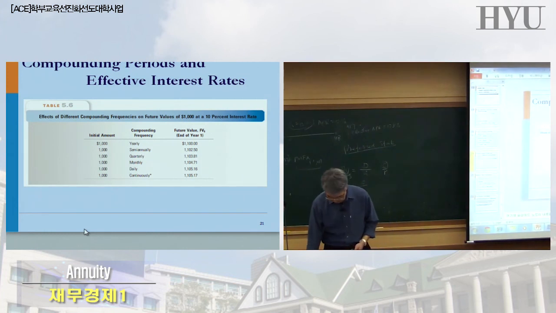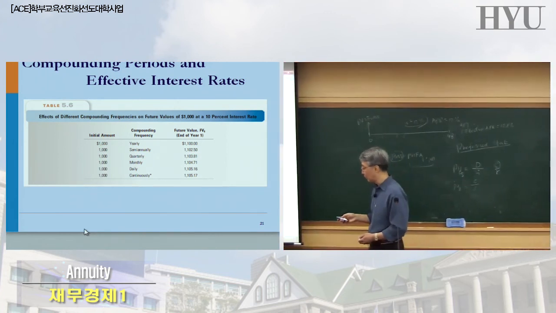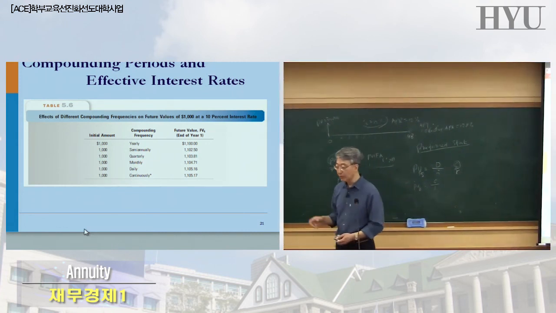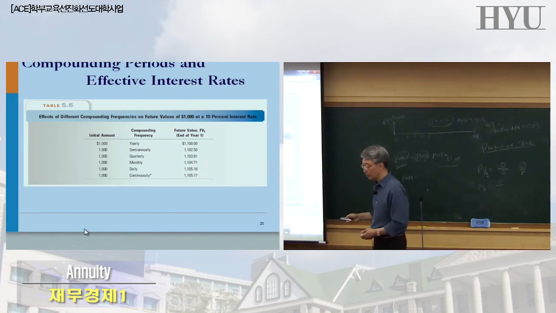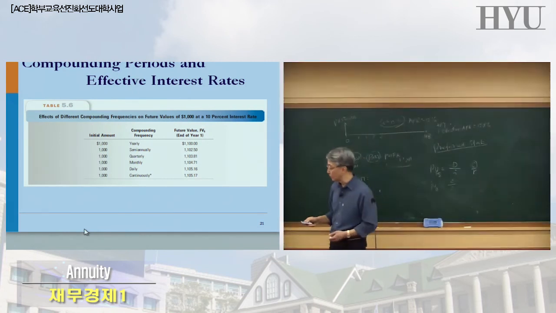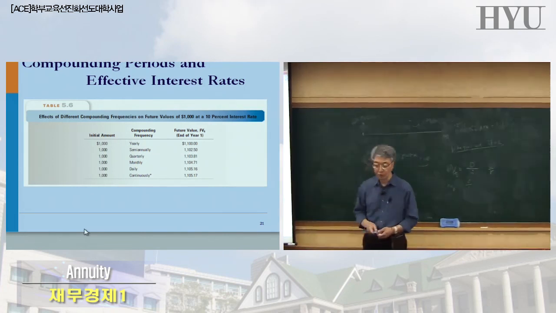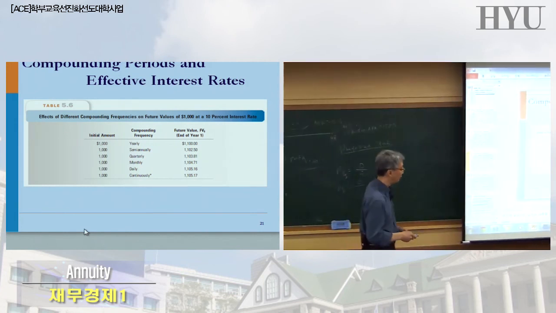So now you know the more frequent the compounding is, the greater the future value, right? You can think about the opposite case. Instead of future value, you can think about the present value. Actually, the next table, table 5.7, uses the cases of discounting instead of compounding, right?